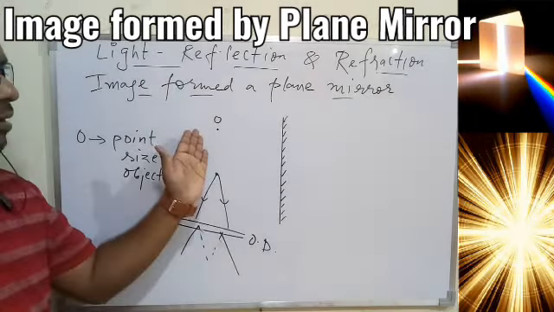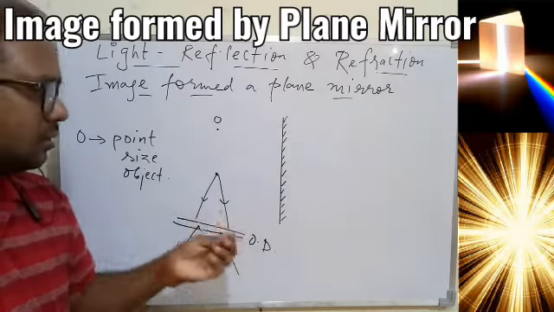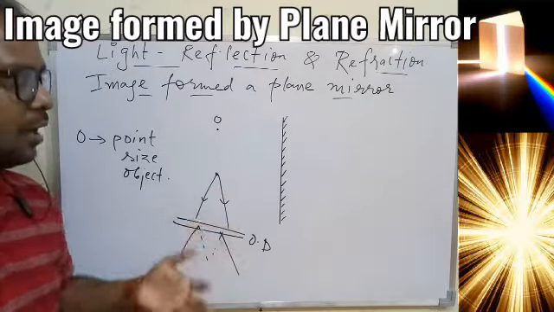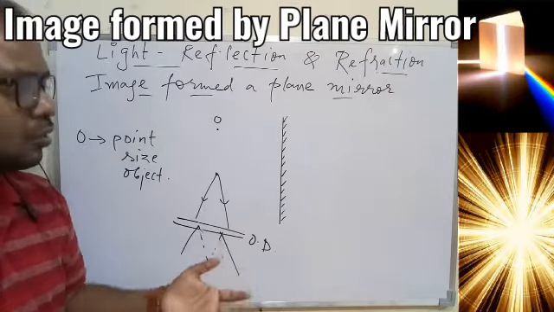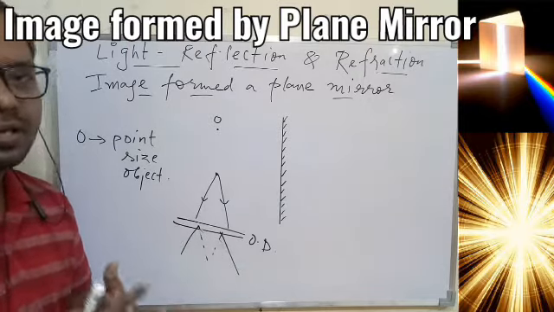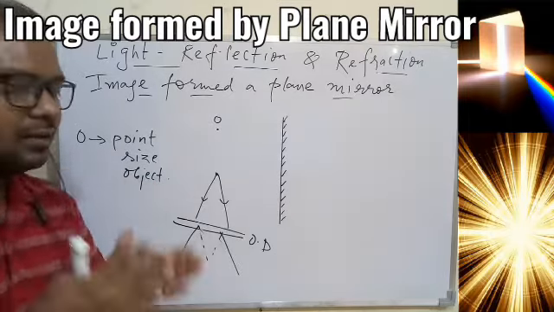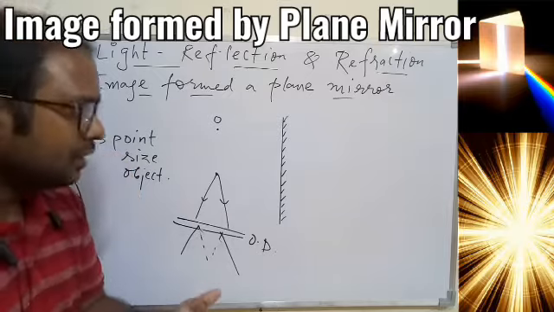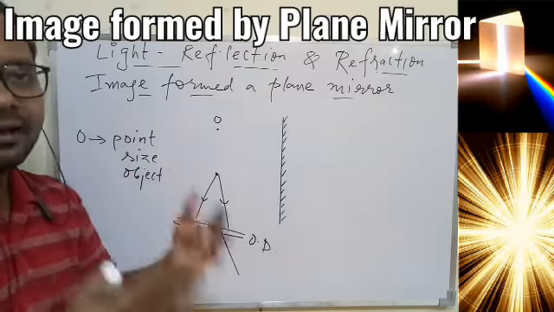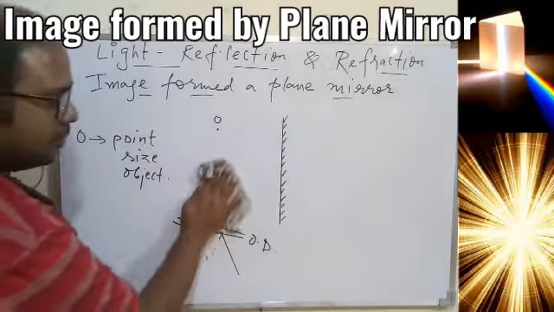Once the light coming from the object falls on the mirror, the rays will reflect. After reflection the rays may converge at a point, or they may start diverging from each other, and accordingly our image will be formed. So overall, wherever the two rays coming from the object meet together, we'll say the image will be formed there, and if the rays diverge, we'll see where the image is formed. So that we have to remember very first.